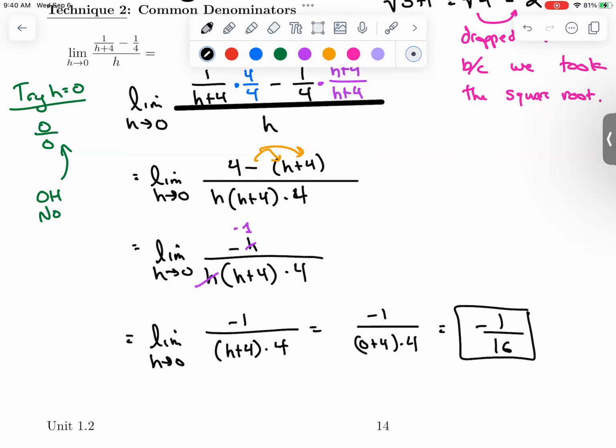If you want to skip that previous step that I just wrote, you're more than welcome to do so. If you want to go straight from this to the answer, that's okay with me. And notice I dropped the limit sign once I plugged in h equals 0.